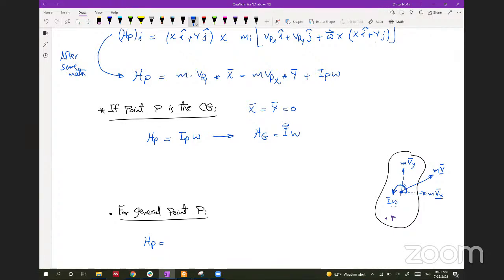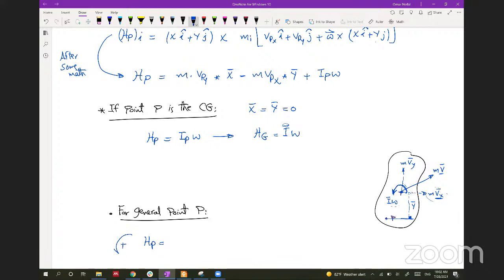So let's take the moment of this force versus that. I will have to know the perpendicular distance between this and this. Let's call this y bar because it's in the y direction. We need to determine what is our positive, so let's say our positive is in this direction.